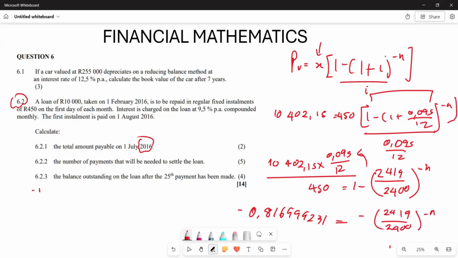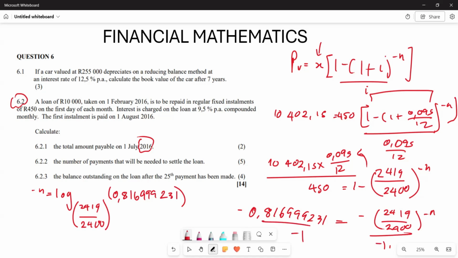Okay, so which means the negative n is going to be your log, with the base 2419 over 2400, of 0.816999231. Now remember the negative and the negative here. When you divide by negative 1 here and divide by negative 1 here, you get a positive.